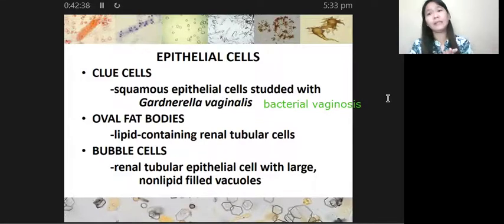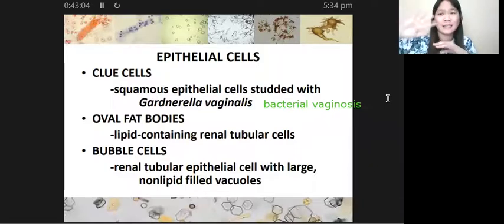Kasi ganito class, okay? Pag nagkaroon ka ng droplets ng fats, if fats are being excreted out in your urine or as part of your urine, okay? Anong cells ba yung nandoon sa taas? 'Di ba? Anong cells ang nandoon sa pinakataas, yung unang dadaanan ng ating filtrate? We have your renal tubular epithelial cells.